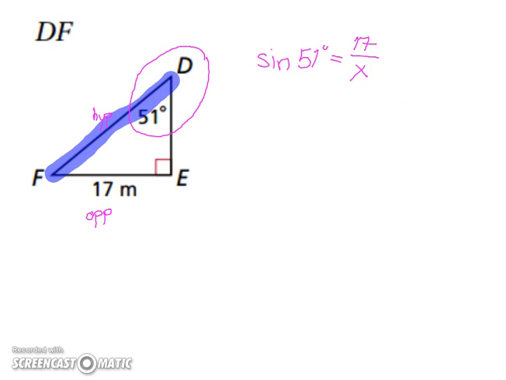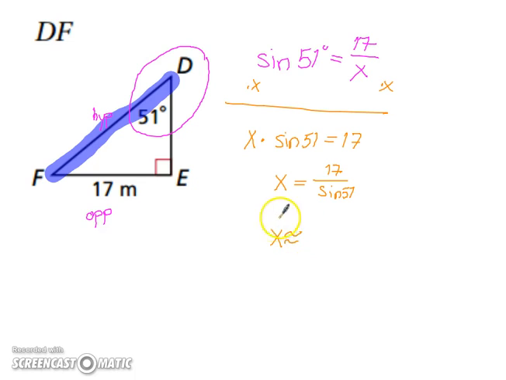Once again, because the x is in the denominator, we multiply both sides by x. Then you have x times the sine of 51 equals 17. So x equals 17 divided by the sine of 51, and that gives us that x is about 21.87, and our unit of measure is meters.